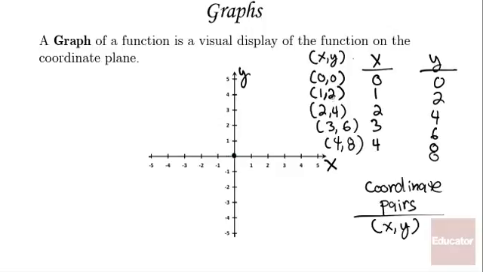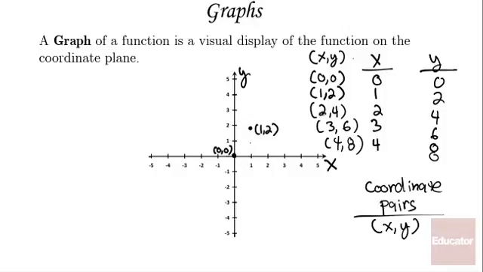Okay? Now, my next set of coordinate pairs is 1, 2. So 1 and 2. In order to graph this, I'm going to go over to 1 on the x-axis, so over 1 horizontally, and then I'm going to go up 1, 2. So first I had my coordinate pair 0, 0, and then next I had 1, 2, over 1 up 2, so the x is 1, the y value is 2.